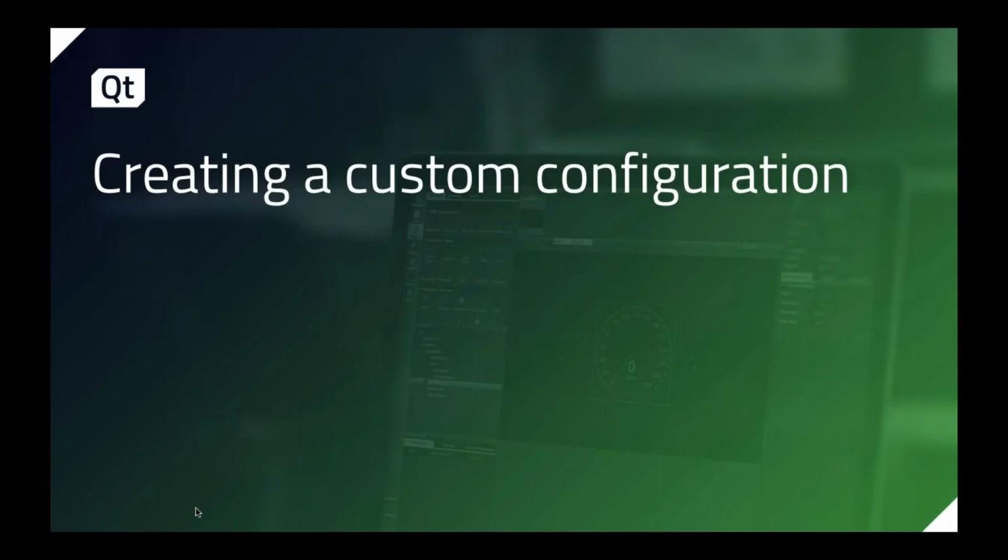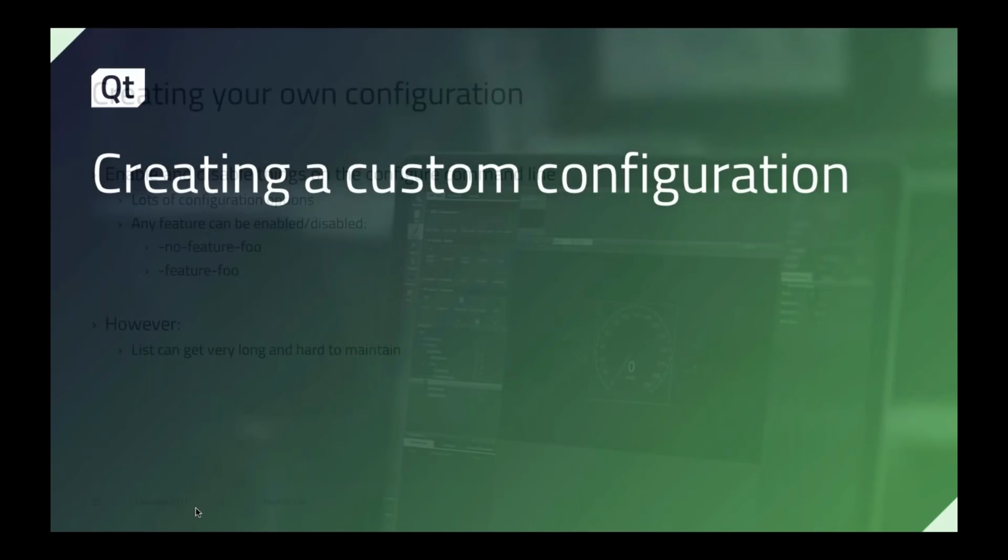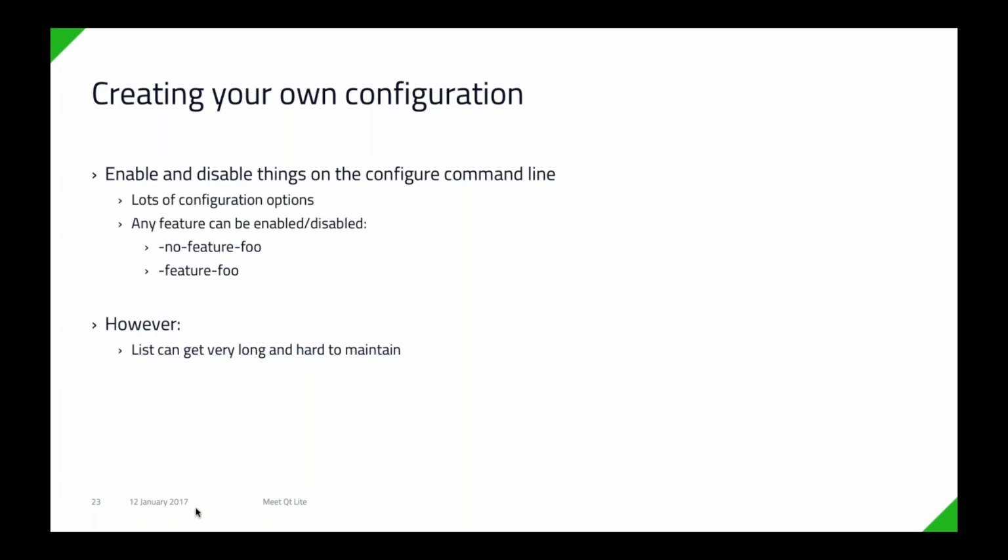So how can I use that to create a custom configuration? To create your own configuration, you can enable and disable pretty much every feature that we have on the configure command line. We have a lot of options, and you can basically enable and disable any feature there, saying -feature-foo, or -no-feature-foo.